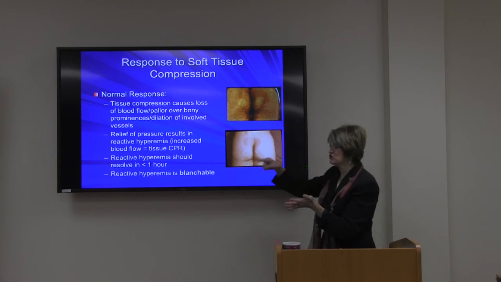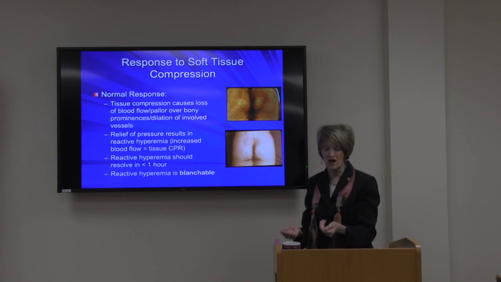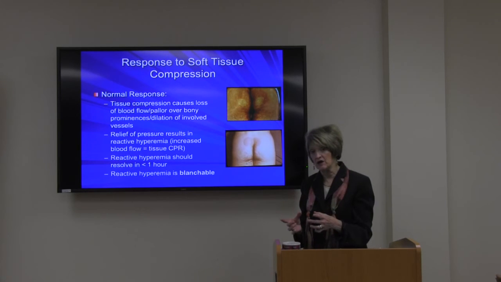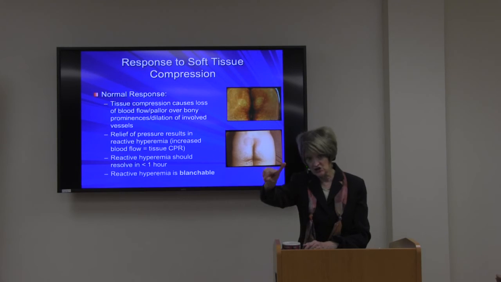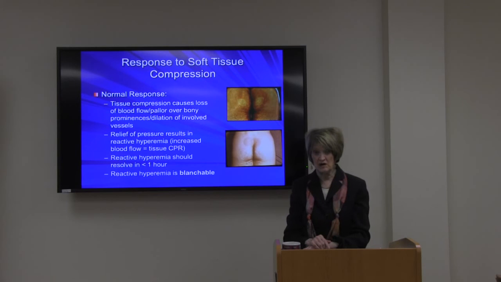And secondly, it should resolve in less than an hour. So if I turn you at 2 o'clock from supine to your right side, and I see that area of hyperemia, but I touch it and it blanches, I come back at 5 o'clock to reposition you, that erythema should be long gone. If it's still there, it's no longer a normal response.